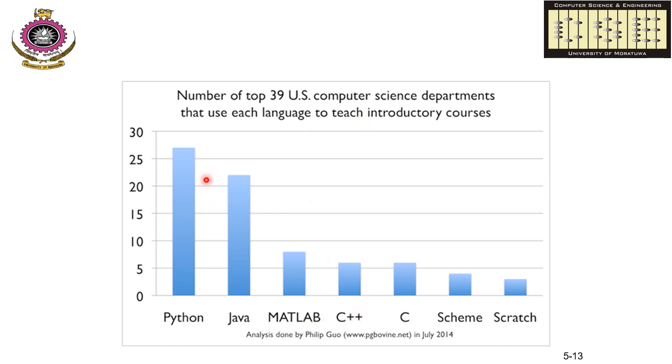I think Python should still be leading, even though this statistic is from some years back. Python is quite popular nowadays as well, so it should be the leading contender for introductory courses. For you also, Python has been selected as the vehicle to teach programming fundamentals.